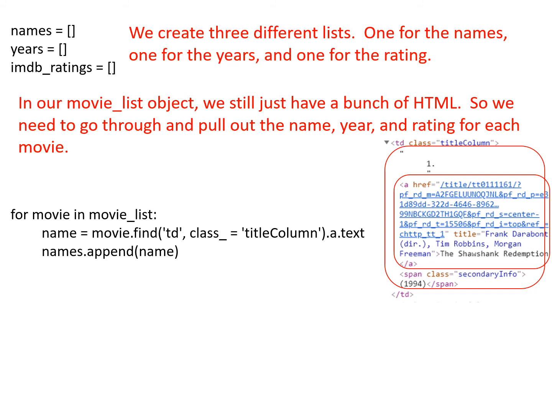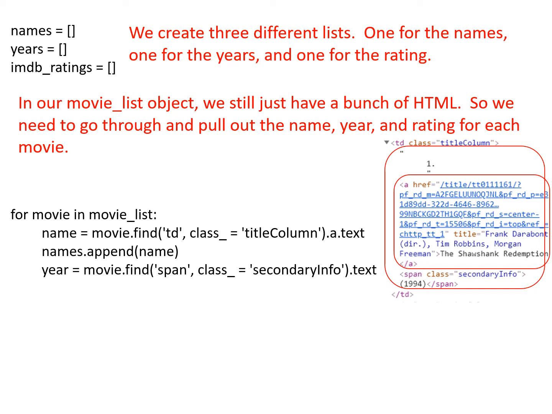Then it would go to the next movie, find the name of the next movie, and put it in also. So it's going to be doing this for every movie in our list that we already have called movie list.